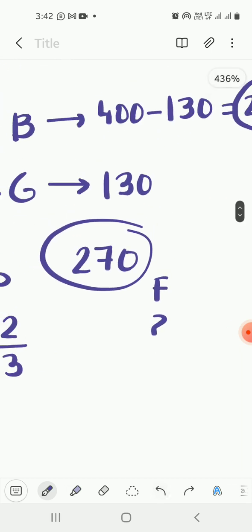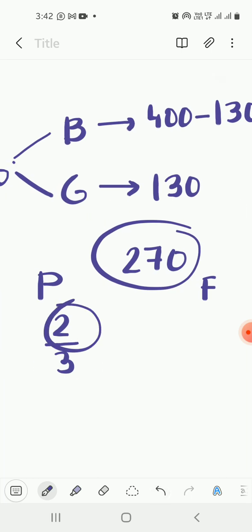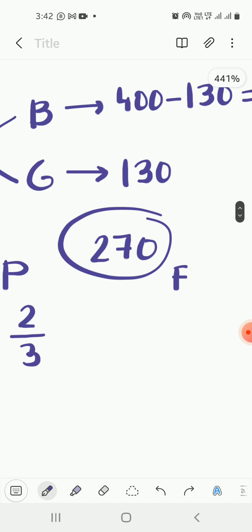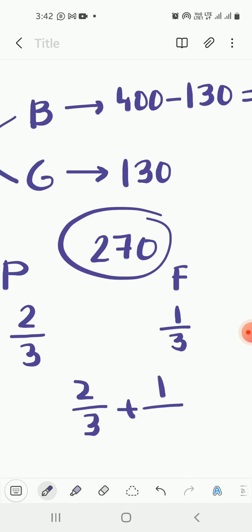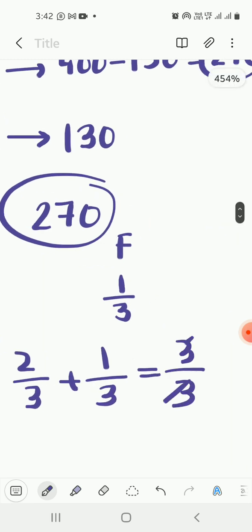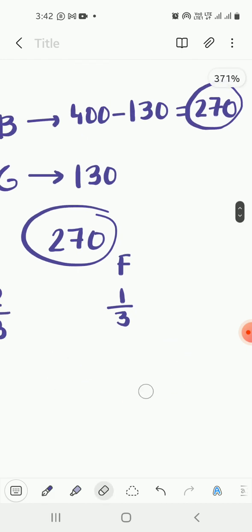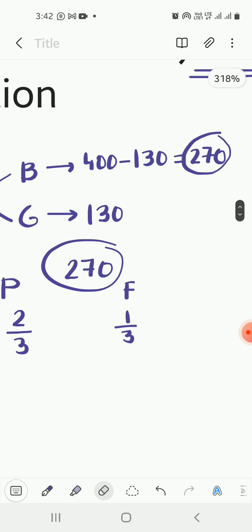The total is the denominator, that is 3. Out of 3 parts, 2 parts have passed. So one part must have failed, because you can see 2 by 3 plus 1 by 3 becomes 3 by 3, that is whole. That is why we can say that 1 by 3 of the boys have failed.